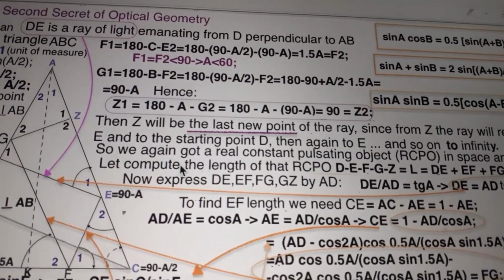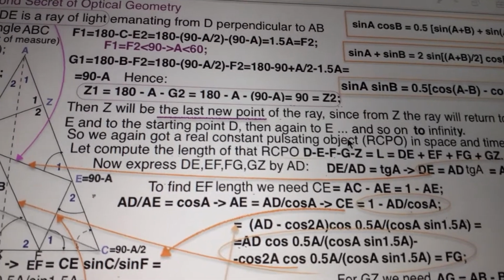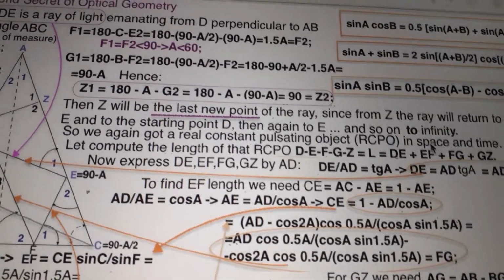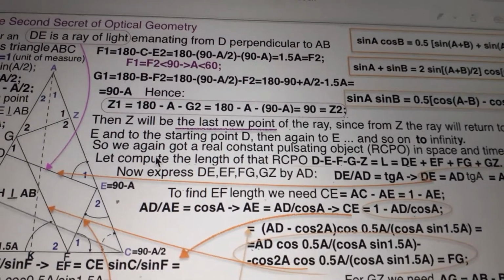So we again got a real constant pulsating object, RCPO, in space and time. Let's compute the length of that RCPO.